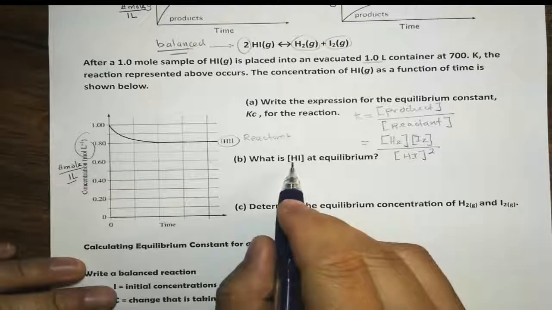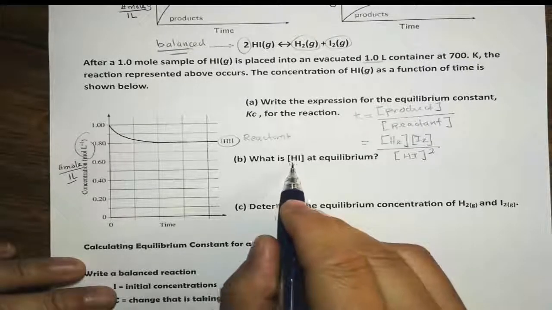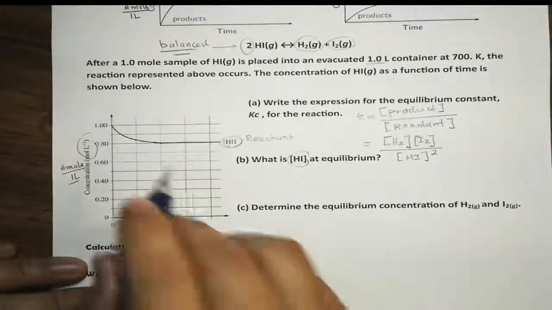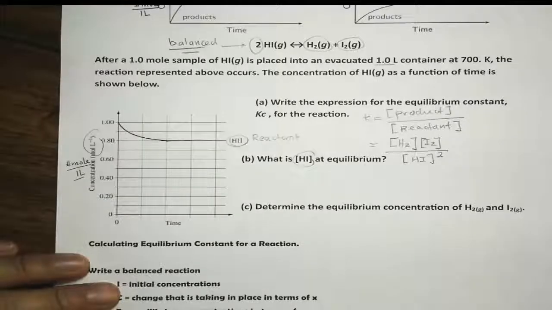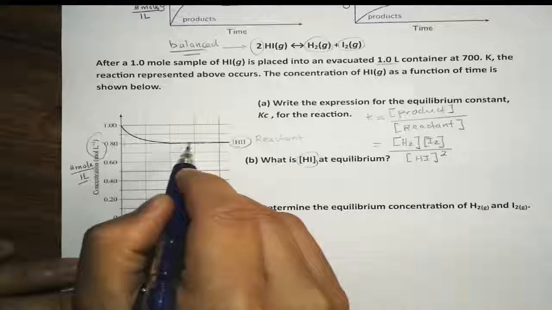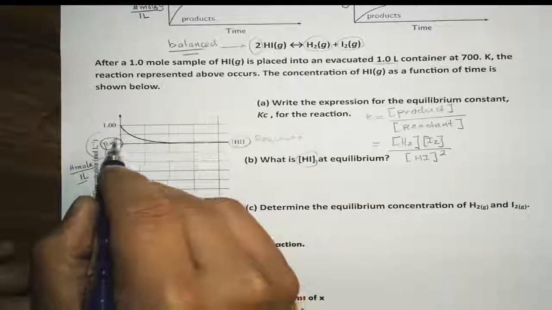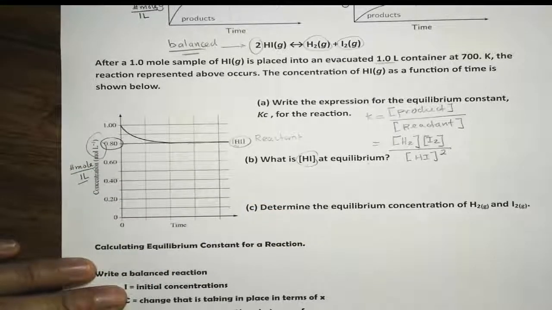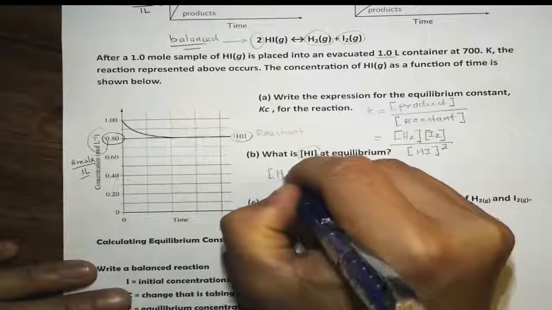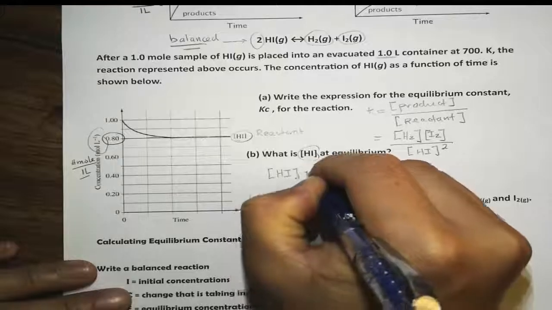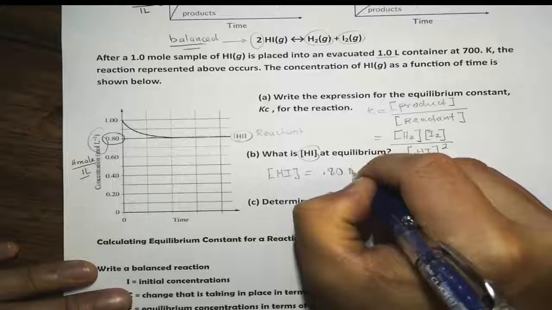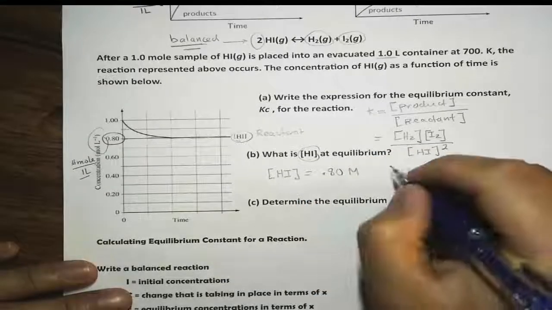Now, what is the concentration of HI at equilibrium? And this is represented here. If we look at this graph, where does equilibrium really happen? All you have to do is trace back this line going across like this, and you know that this is the concentration of HI. In this case, the concentration of HI at equilibrium is equal to 0.80 M. There you go.